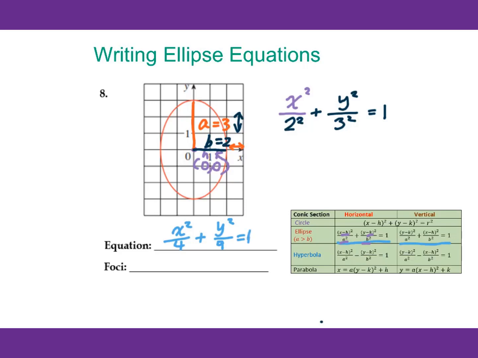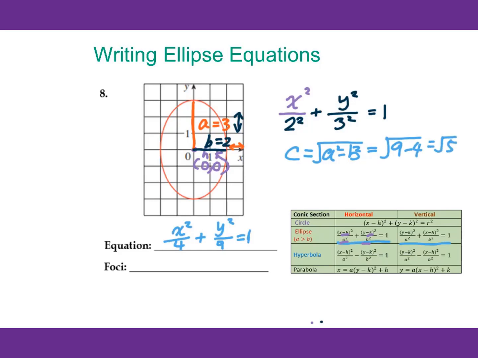The focus will follow the major axis. So a is 3, vertical moving. Therefore, you will find c equals the square root of a squared minus b squared, which means 9 minus 4, equal to the square root of 5.